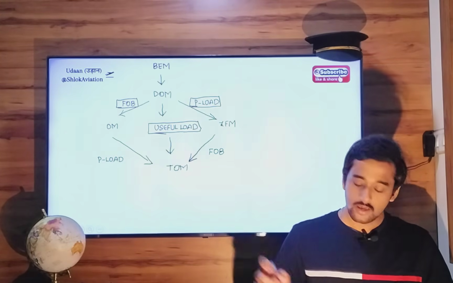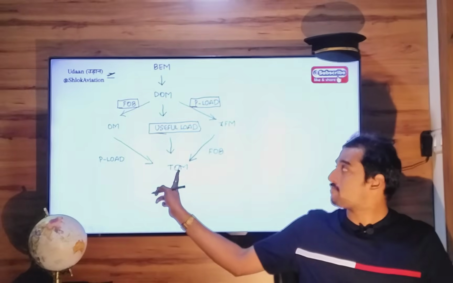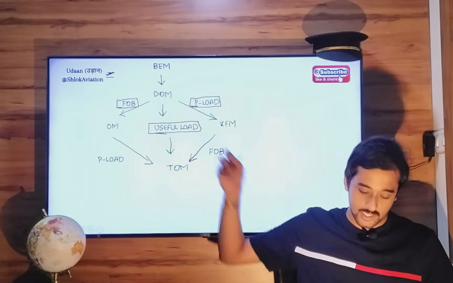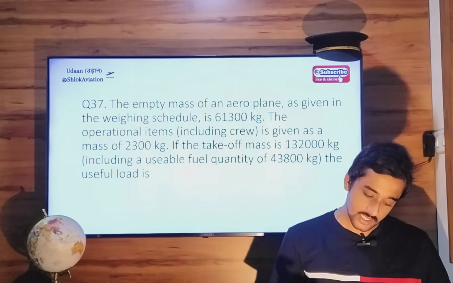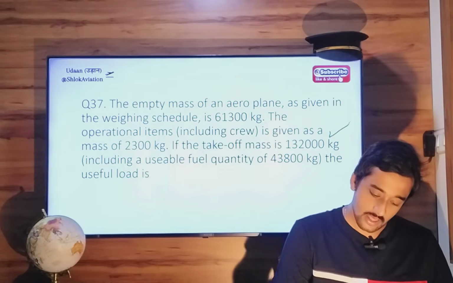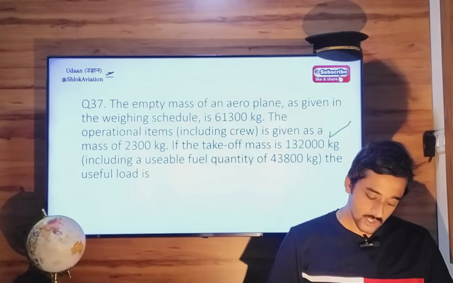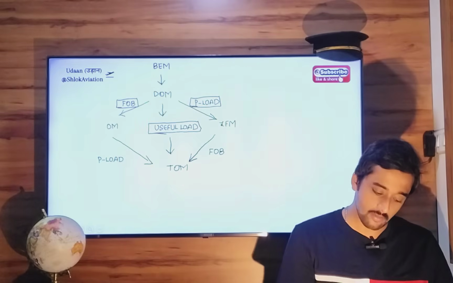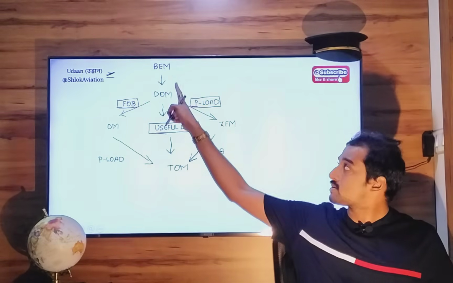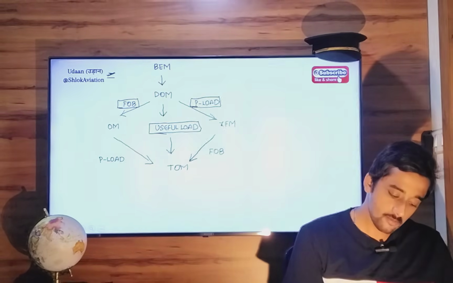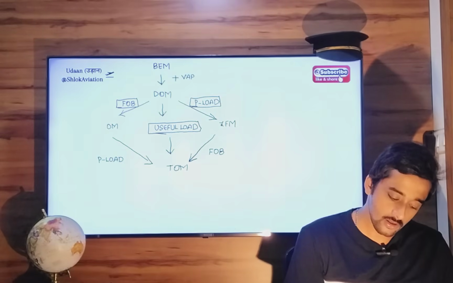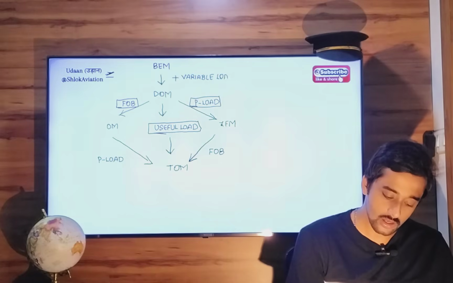So again, useful load is nothing but takeoff mass minus dry operating mass, right? So takeoff mass is given to you. That's fine. Now dry operating mass is what we have to find out. What is dry operating mass? Dry operating mass is basic empty mass plus variable load.